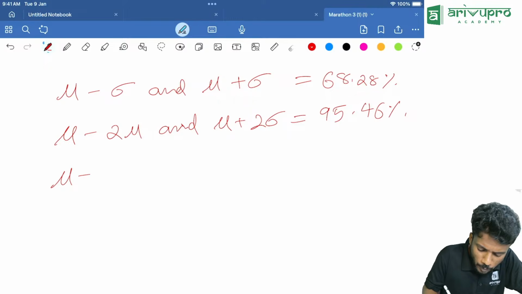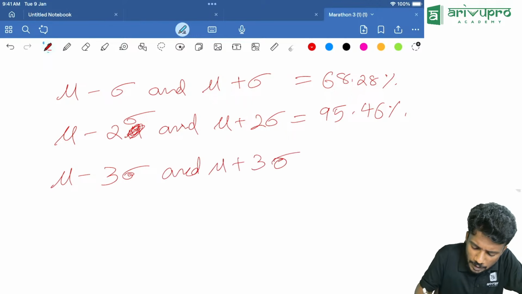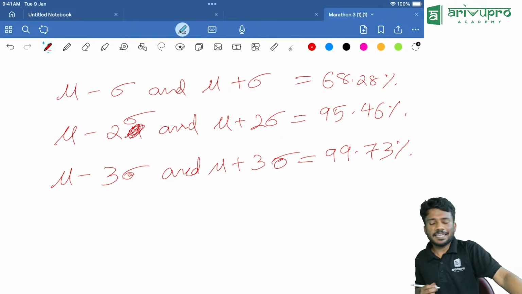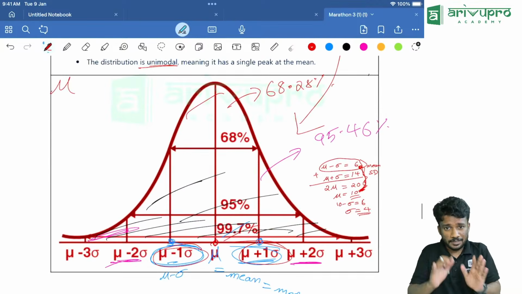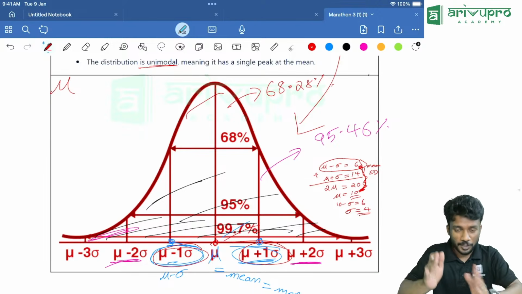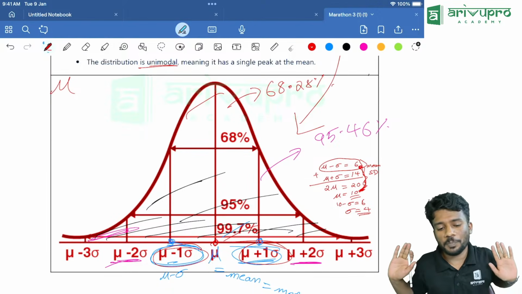Then in between mu minus 3 sigma and mu plus 3 sigma, around 99.73 percent of the area is covered. So this is the area covered under this graph in between mu minus 3 sigma and mu plus 3 sigma, mu minus 2 sigma and mu plus 2 sigma, then mu minus sigma and mu plus sigma.